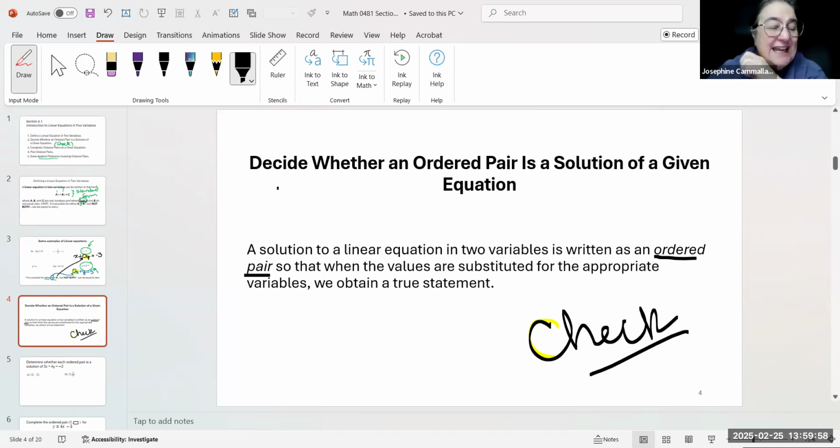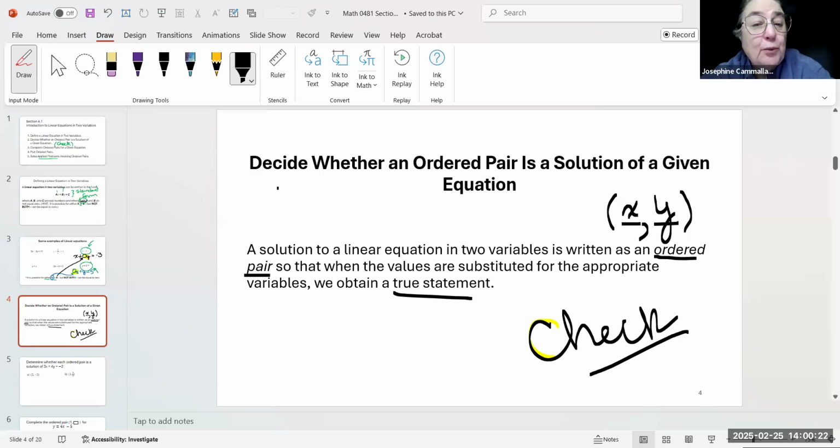So when you put it into ALEKS, you've got to make sure you have parentheses and you'll have a term in front, which will be the x that we solve for, comma, y. And we need to make sure that if we put those answers we get for x and y back into the original equation for two variables, we get a true statement.